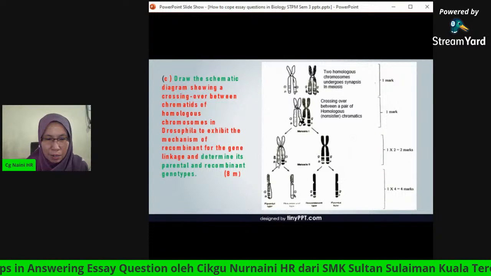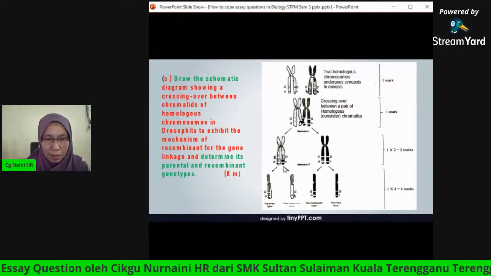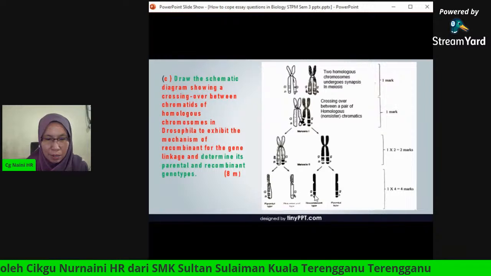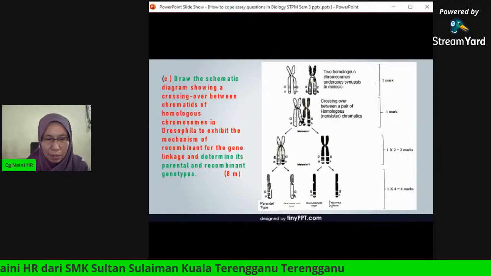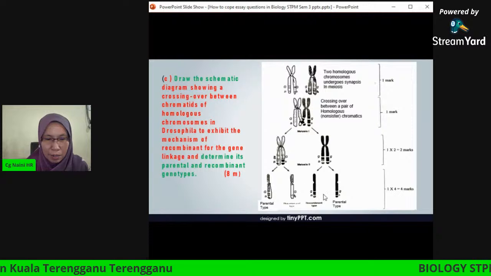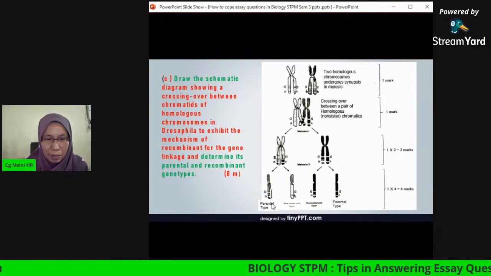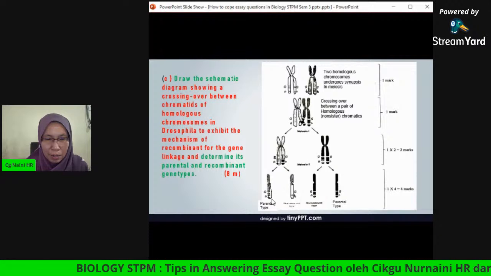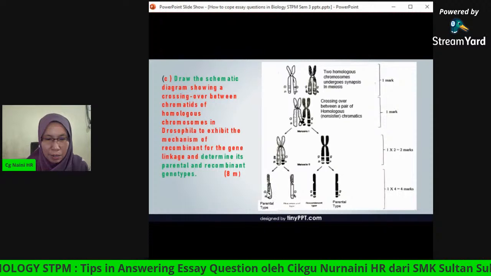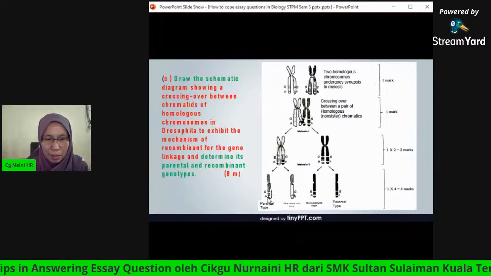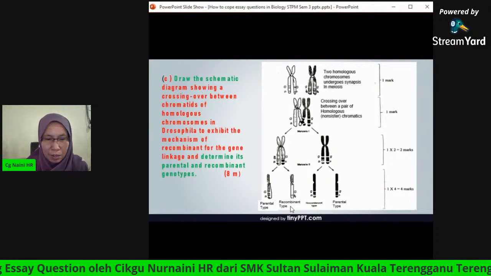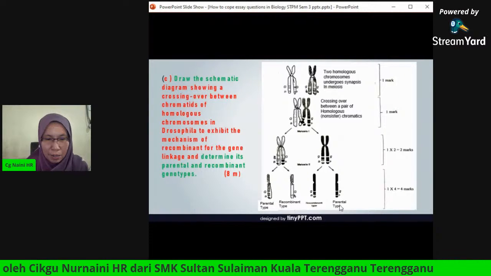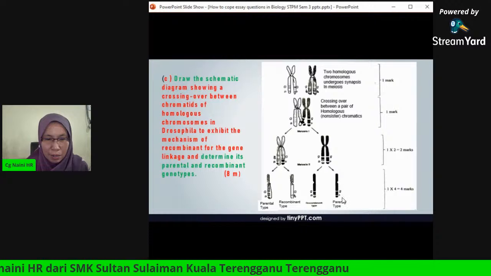So in the parental type for the F2 generation, the offspring F2 generation, this one is F1. We get the parental type which is big G and big B, and another parental type, small g and small b.